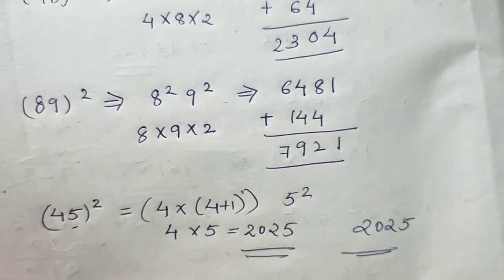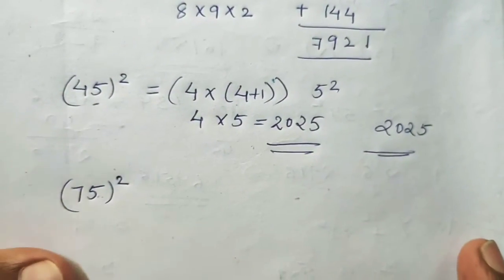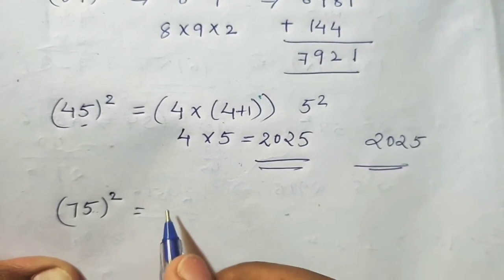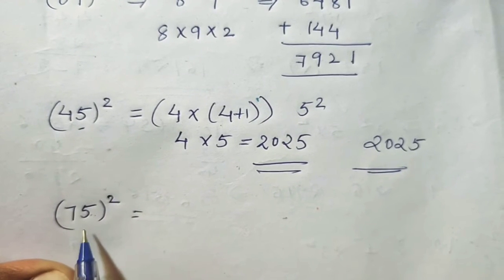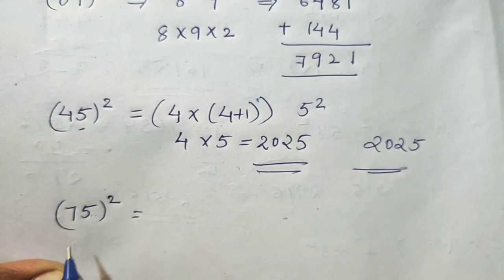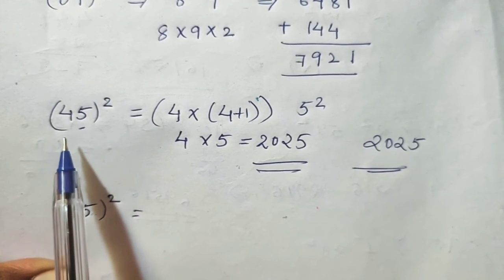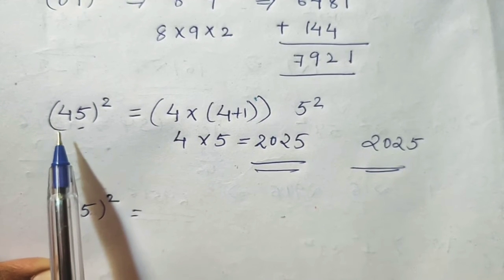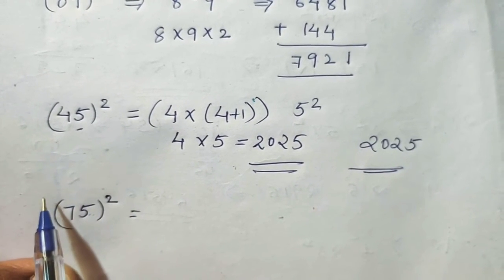Suppose our other example is 75. 75 square. For 75 square, again always remember the 5 coming at last. If the number has 5 at last, then we have to take the first number, then add one to the first number, and then we have to do the multiplication. Then we have to take the square of the 5.